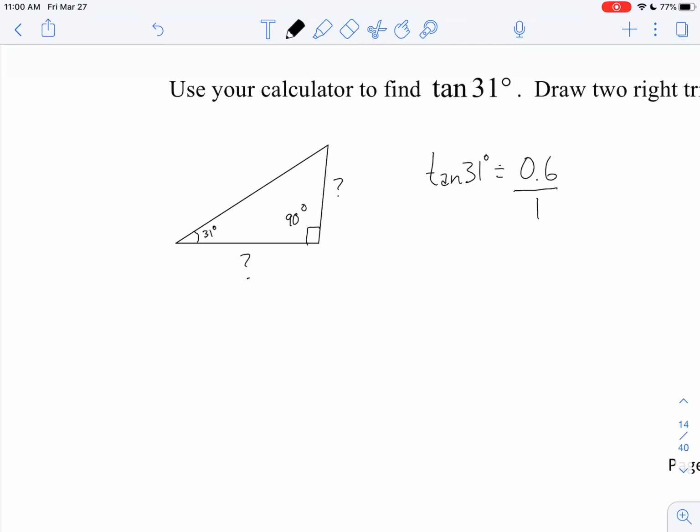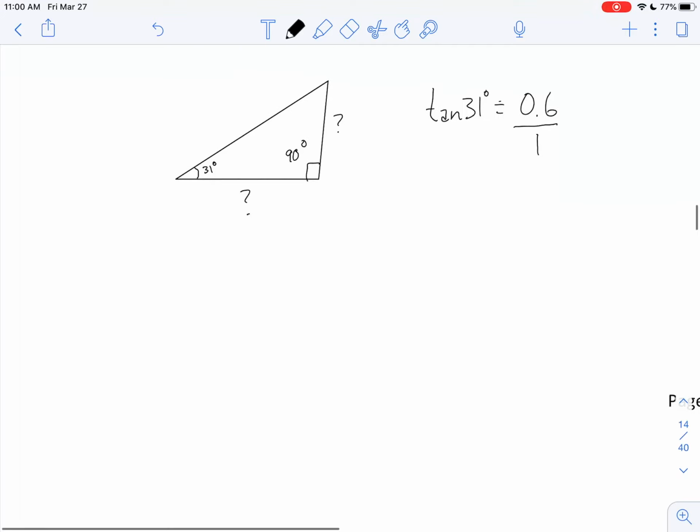So one possibility for my triangle would be to have my opposite side, spelled correctly, of course, opposite the angle I'm looking at to be 0.6, and what we call my adjacent side or my base to be 1. So one possible triangle, I'm going to redraw it here.